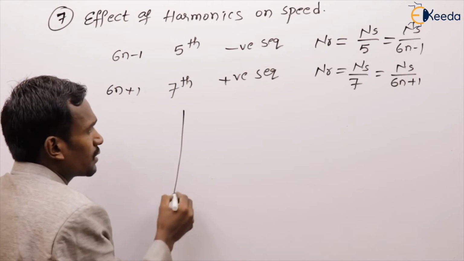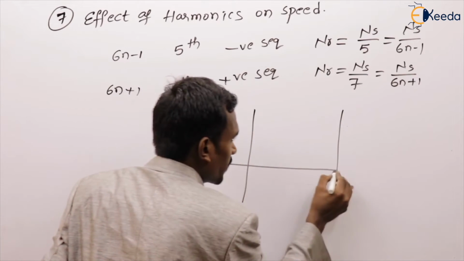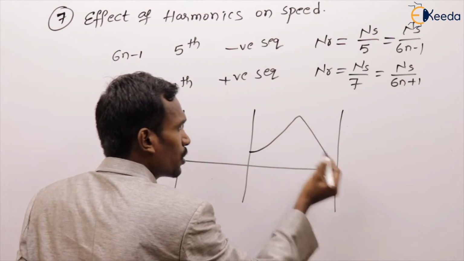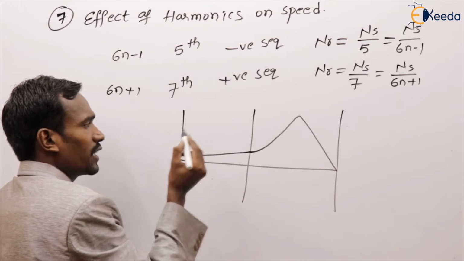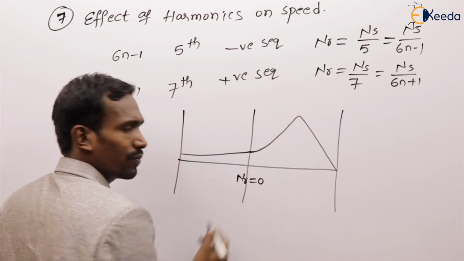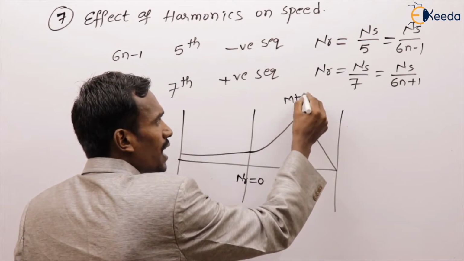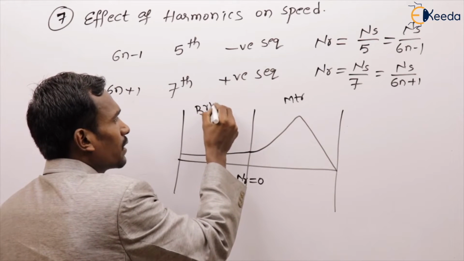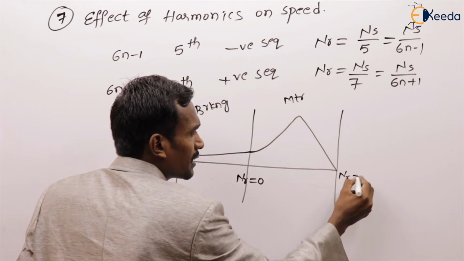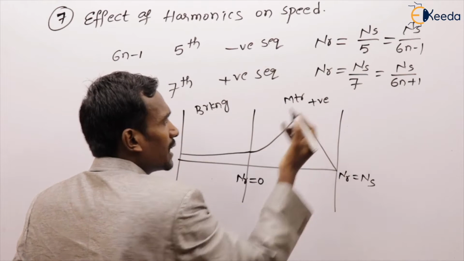Generally, if we draw the speed-torque characteristics, the characteristics of the induction motor and the characteristics of induction braking. Here Nr is equal to 0. This is motor, and this is braking. Motor is nothing but Nr equals Ns, positive sequence.